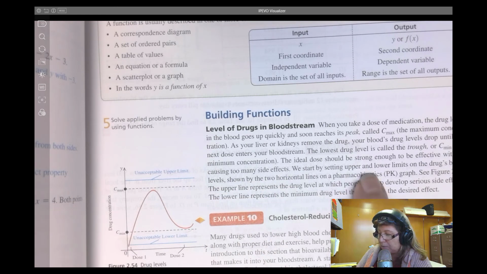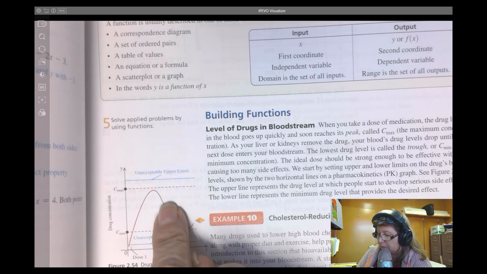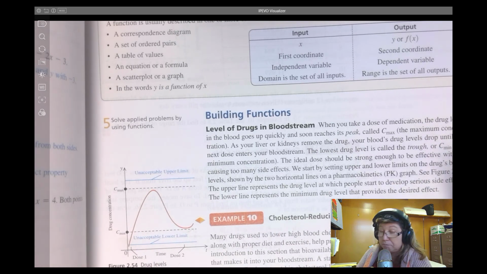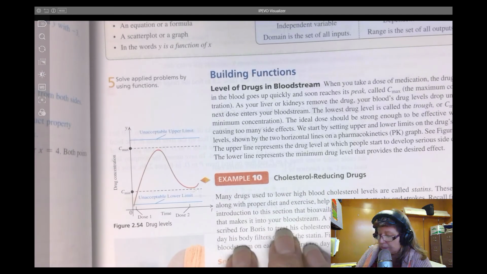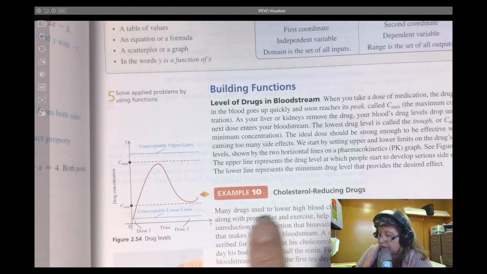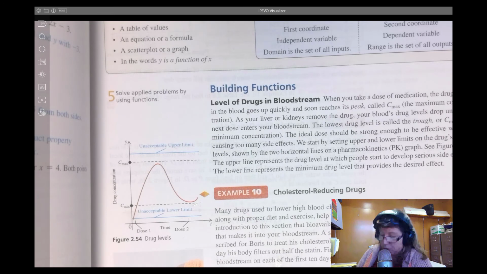We start by setting up lower and upper limits of the blood levels, and then we figure out how much drug we're going to use. In this example, we're going to use a drug called a statin, which, along with proper diet and exercise, prevents heart attacks and strokes. Here's what I've pulled out.